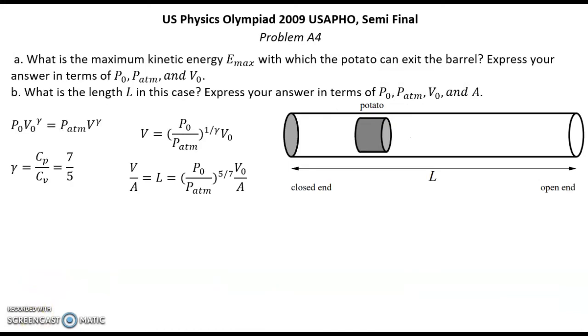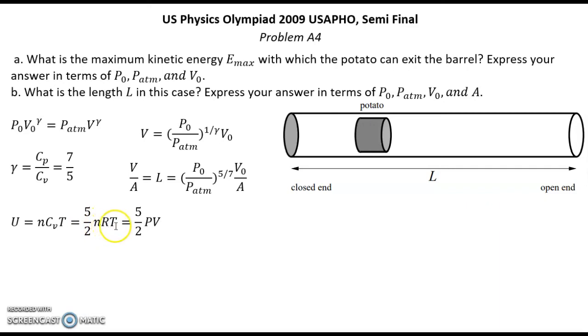During an adiabatic process, the work done by the gas is exactly equal to the change of internal energy for this gas. The internal energy equals n multiplied by C_V multiplied by temperature, which is 5/2 nRT.